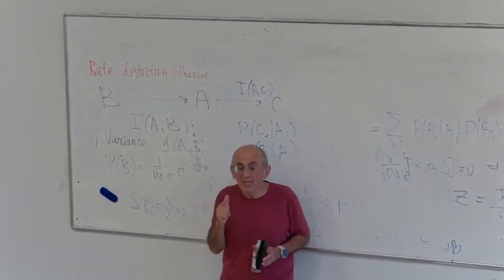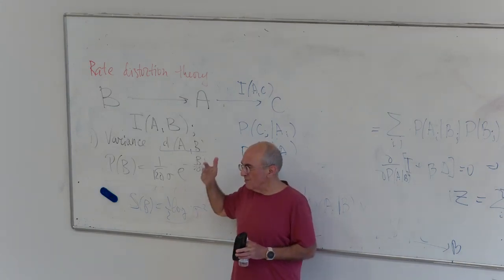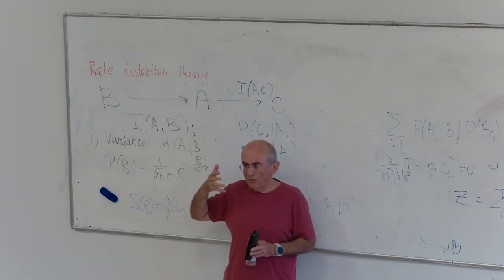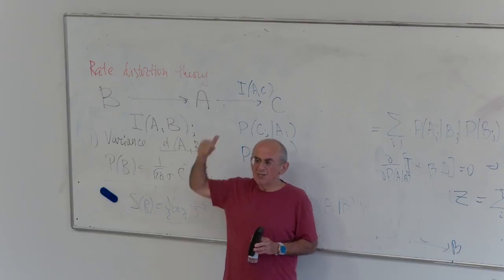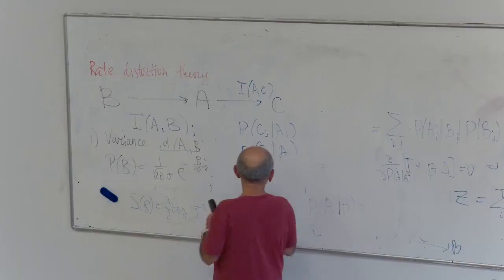B. So you're really interested not in all this redundant information on your A, on your camera, but you want to know something relevant about B, which is the outside world.